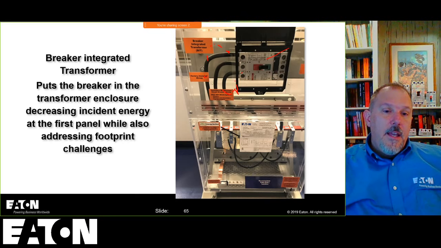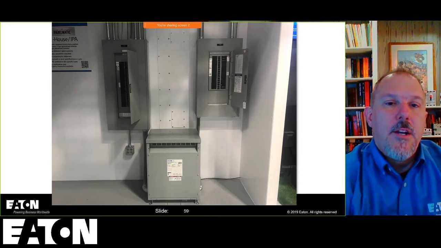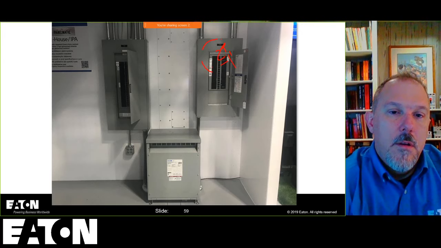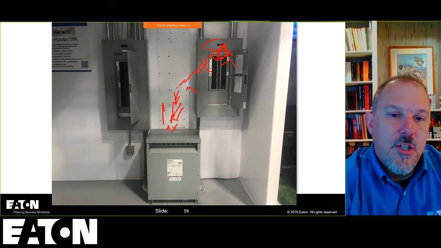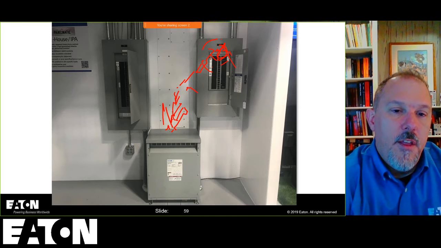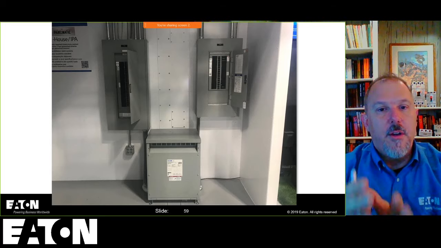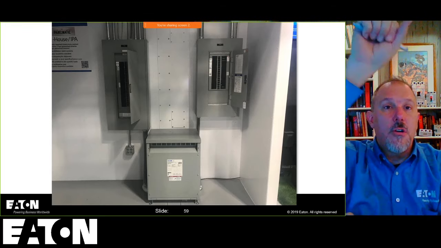If I am in this type of scenario, if taking the main breaker out of this panel here and putting it down here in this transformer would make it more likely that I would turn that breaker off to work de-energized on that secondary panel board and not just turn the main off.